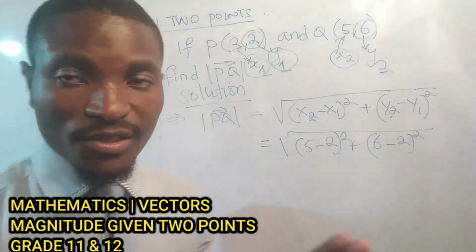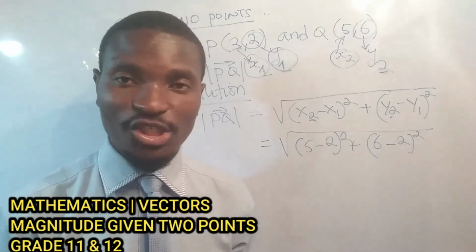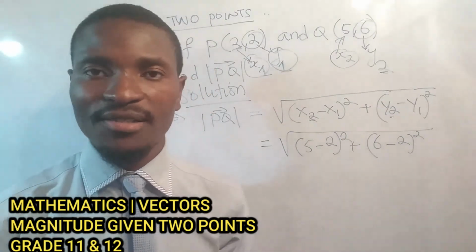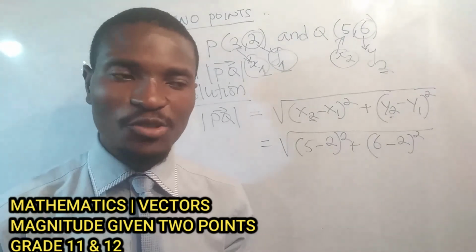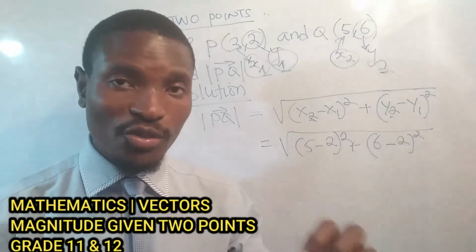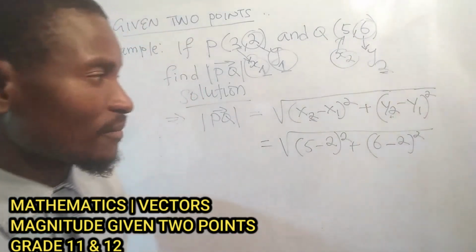So always don't forget to square, because once we miss that out, then we are doomed. If it was carrying 2 marks, then the whole 2 marks is gone. So please make sure that we are as fast as possible, but also as careful as possible in the final exams.